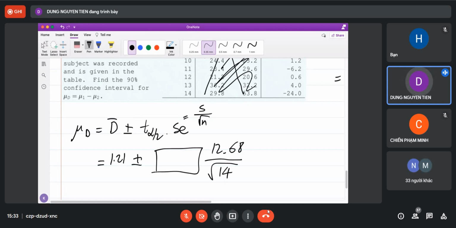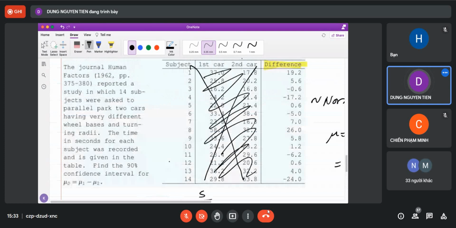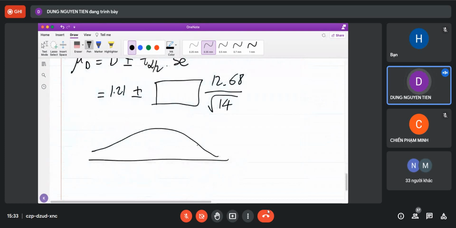Okay, and now you need to find the t value here. You use the t distribution with confidence level 90%, and degrees of freedom 13. This tail is 0.05 and this tail is 0.05.